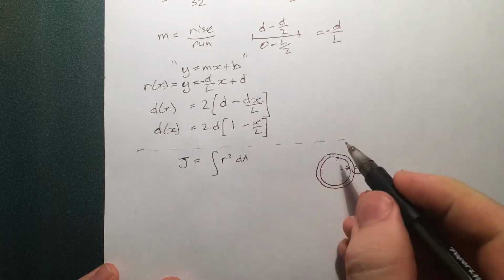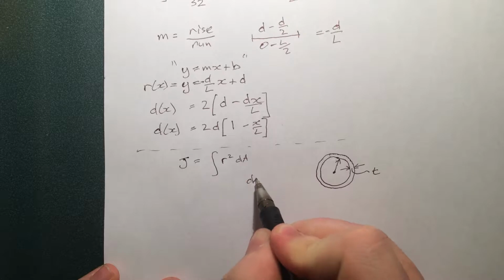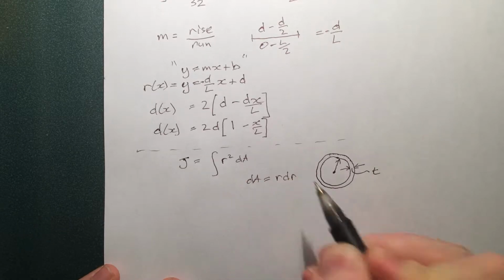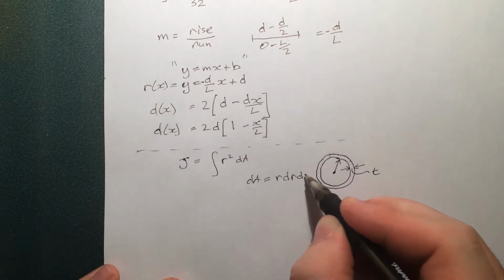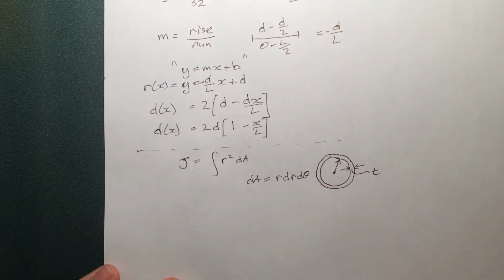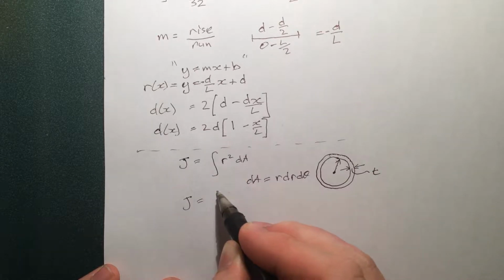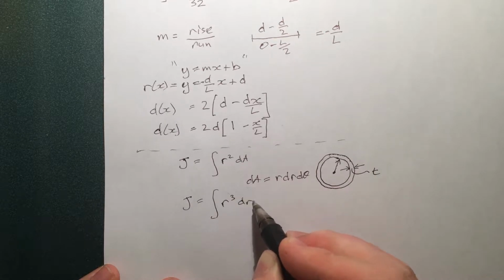So the dA, if we're using a radial coordinate system, is going to be r dr, and now actually d theta as well. Okay, so plugging that back into here, J is the integral of r cubed dr d theta.